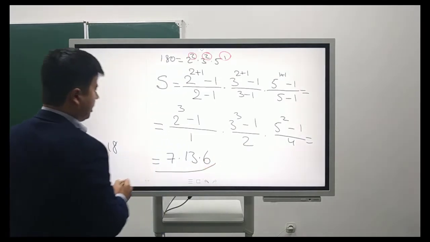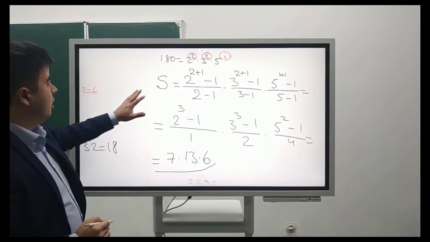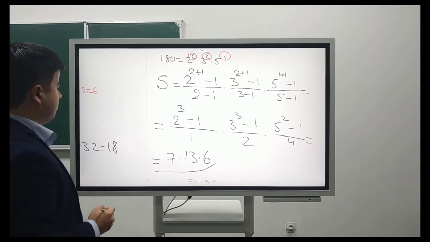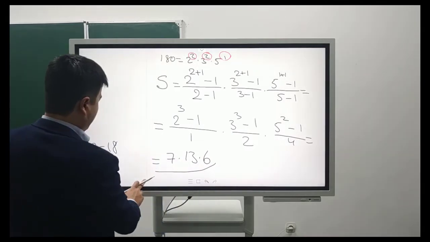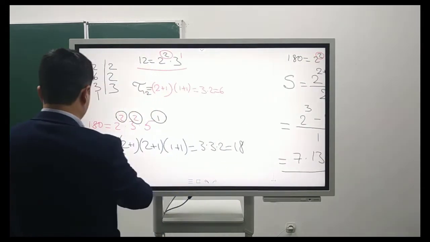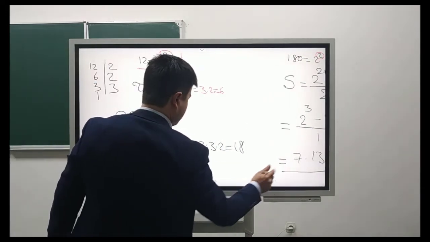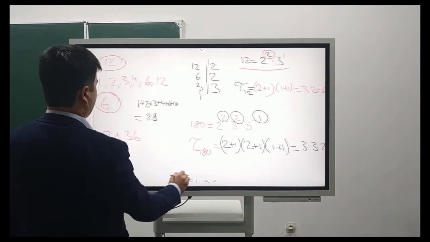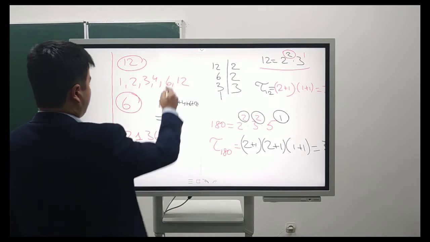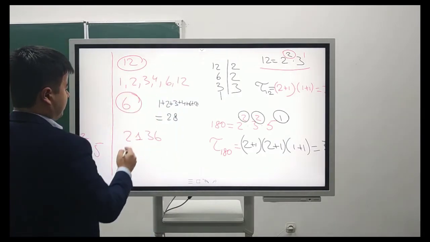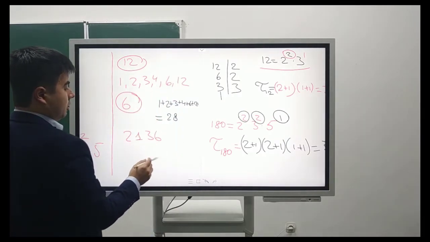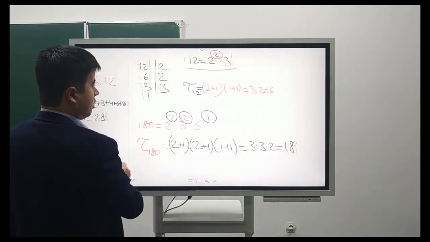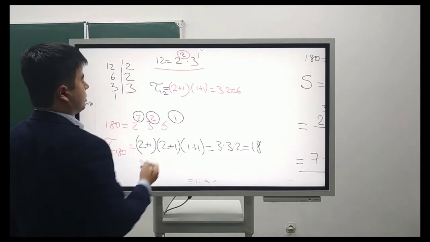So this is the sum of our divisors of 180. If you want to check, let's consider 12. 12 has divisors 2 squared times 3.